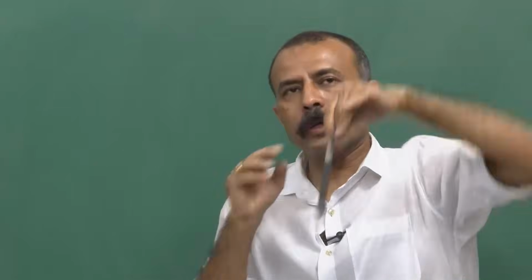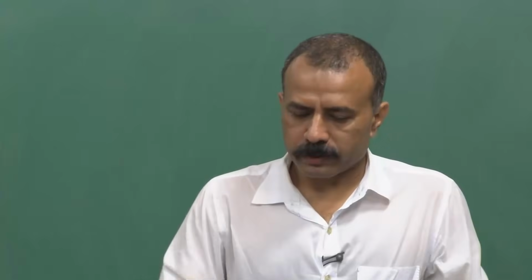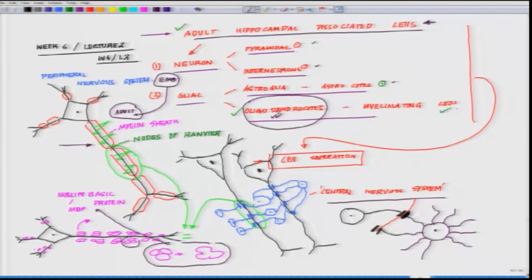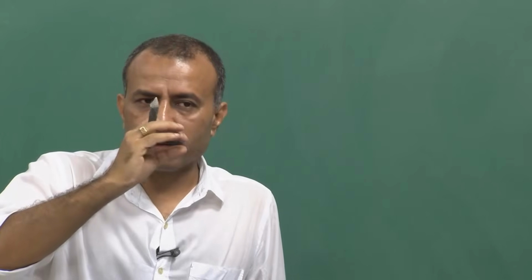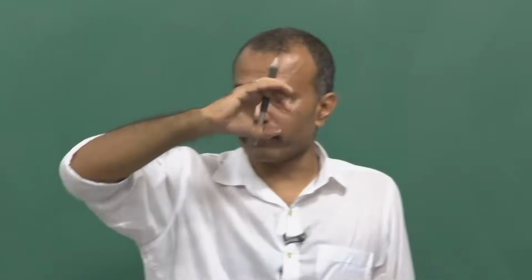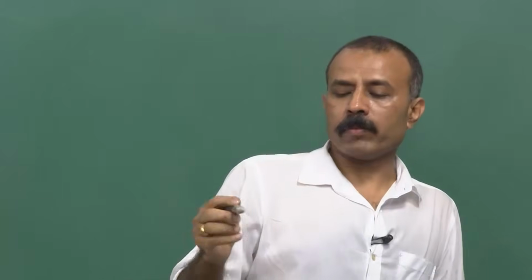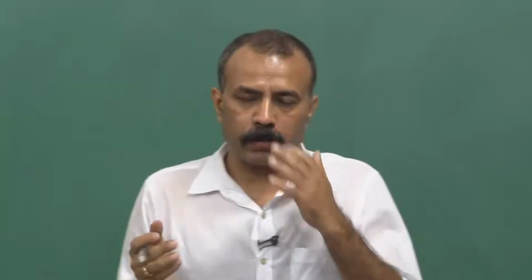Slowly, using multiple oligodendrocytes, it will myelinate the central nervous system neuron. Central nervous system neuron processes do not become as thick as the peripheral nervous system neuron, where you have a thick coating and covering, because central nervous system has a limited space to expand. It cannot expand beyond it.